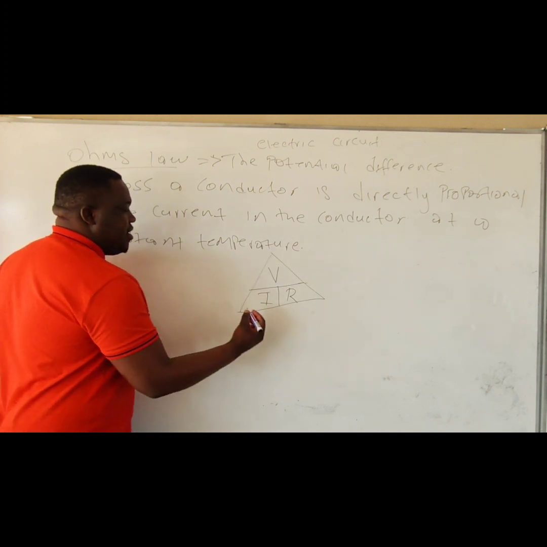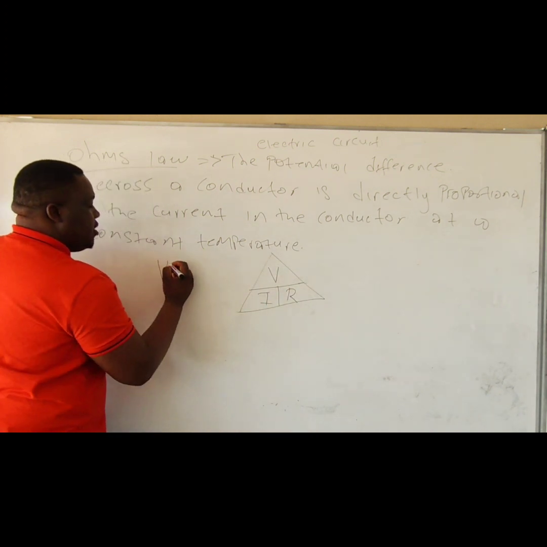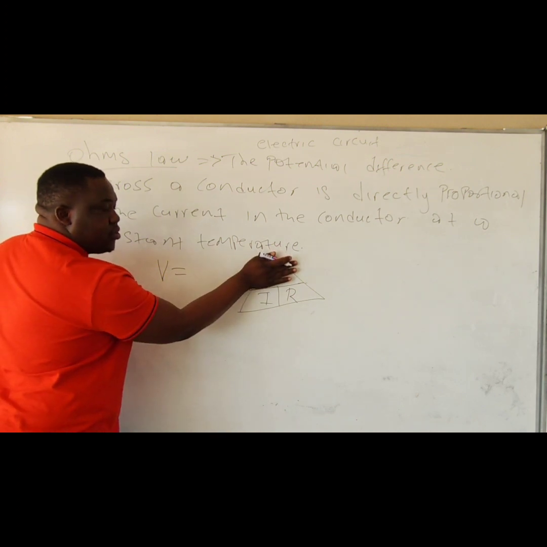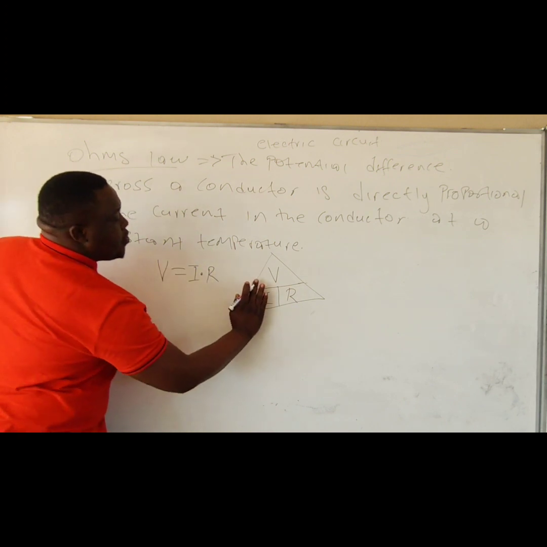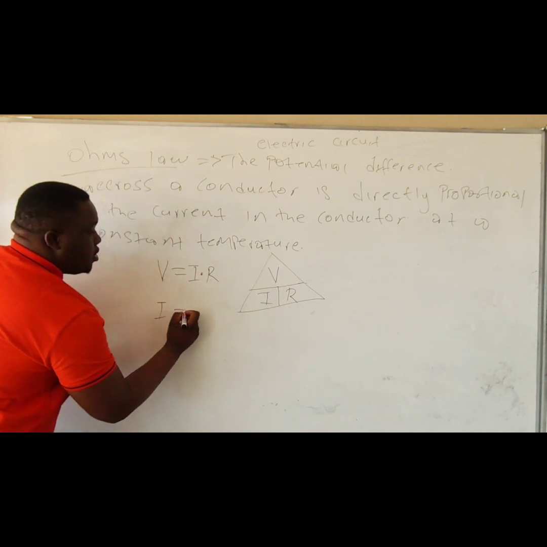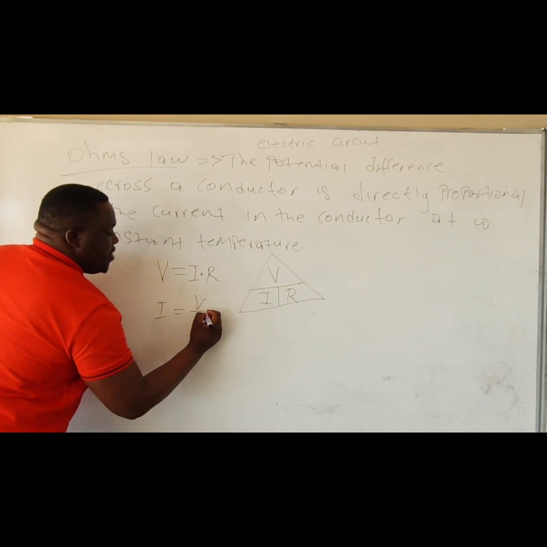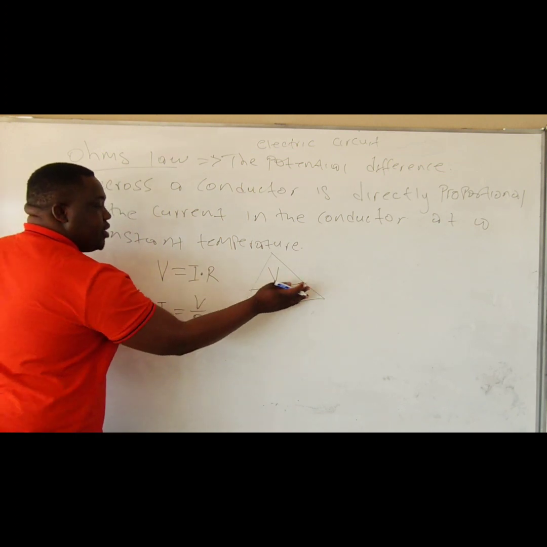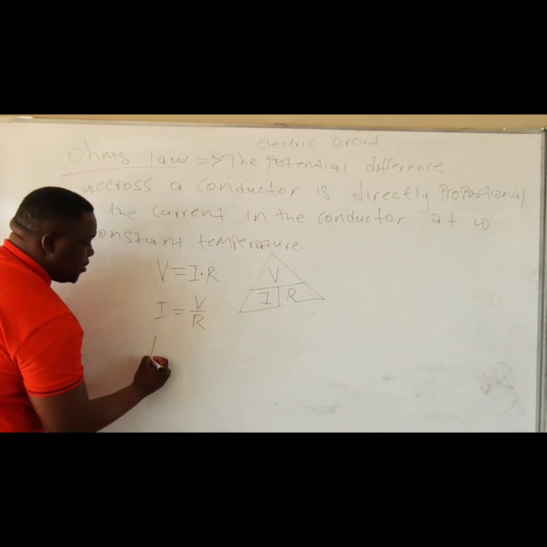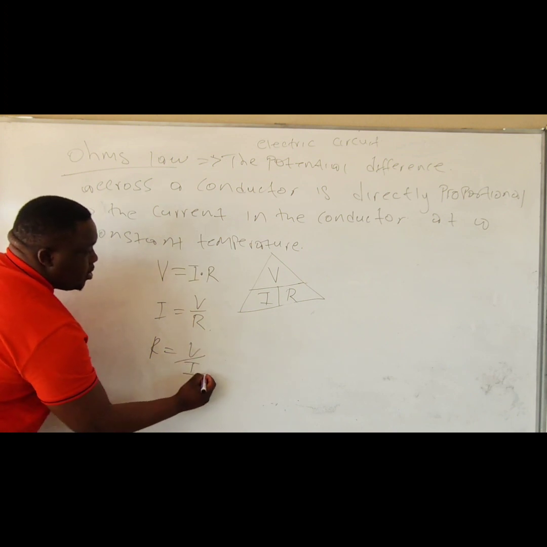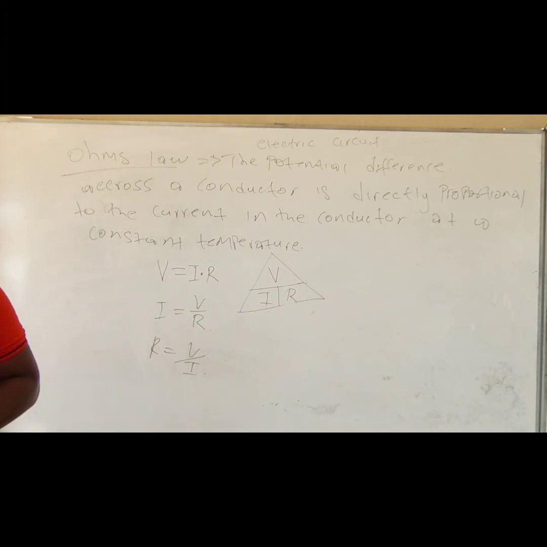It means V is equal to, when we close V, we're left with I multiplied by R. If we want to calculate I, we just close I. It means I is equal to V over R. If we want to calculate R, we close R and we're left with V over I. So this is basically Ohm's law. Those formulas, you will see us using them even when we deal with power.